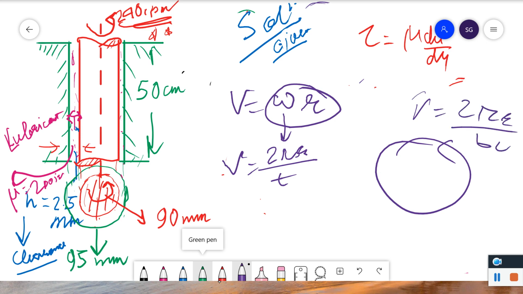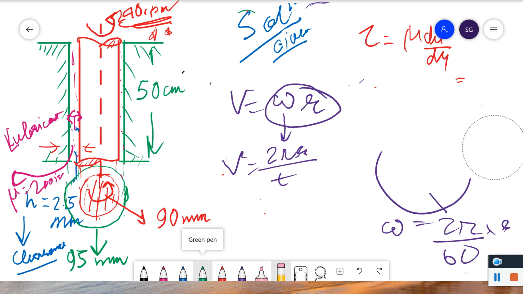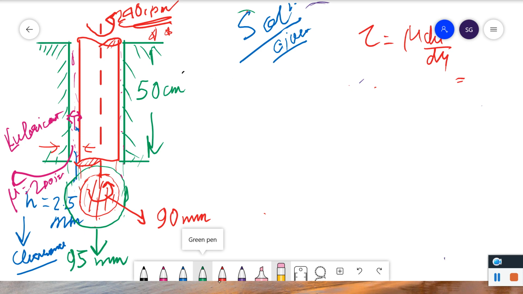This is the linear velocity, the normal velocity, and this angular velocity omega is 2 pi upon 60. This angular one is just concerned about this theta. So if you multiply the radius, it will be omega r. So never forget why it is omega r. I taught you why V is equal to omega r, so you need not learn anything about it.